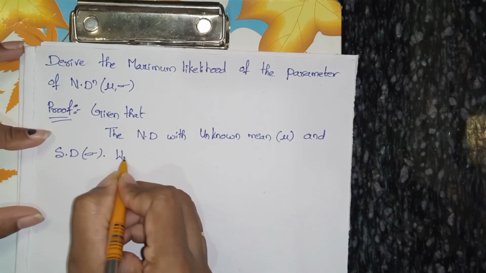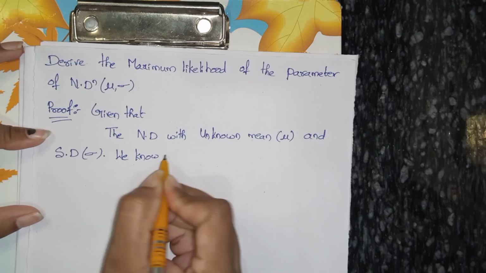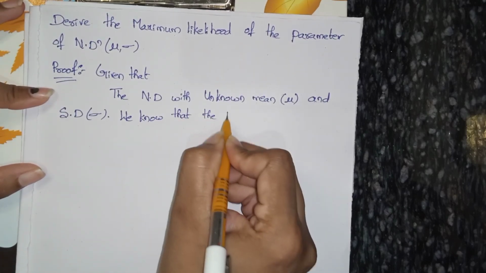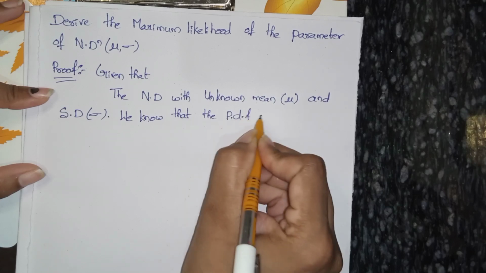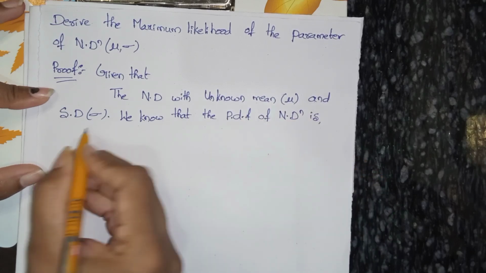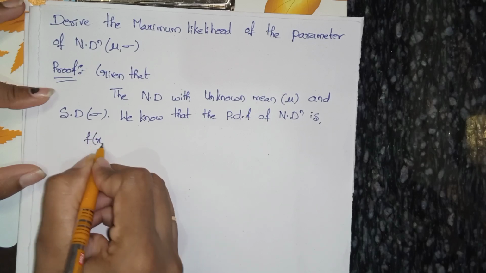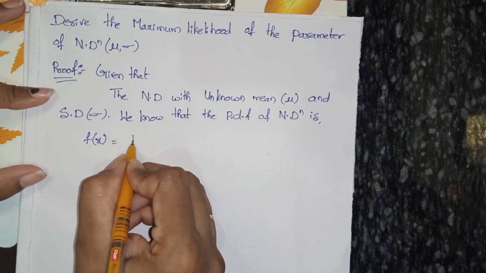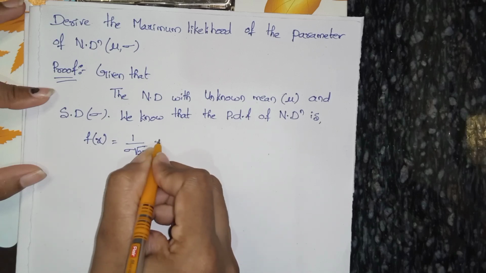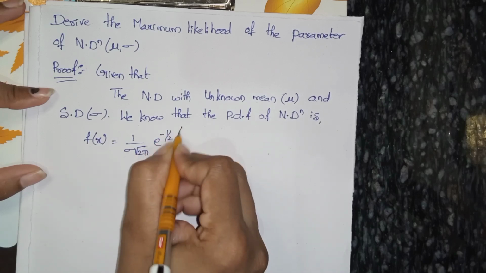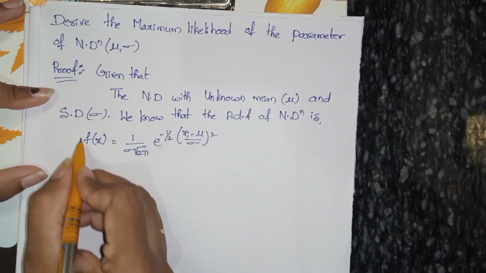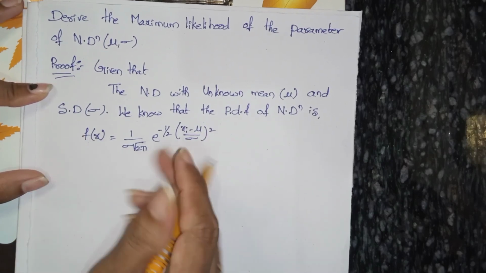So we know that the PDF, the probability density function of normal distribution, is f of x equals 1 by sigma root 2 pi into e to the power of minus 1 by 2 into (xi minus mu by sigma) whole square. This is the formula for normal distribution.